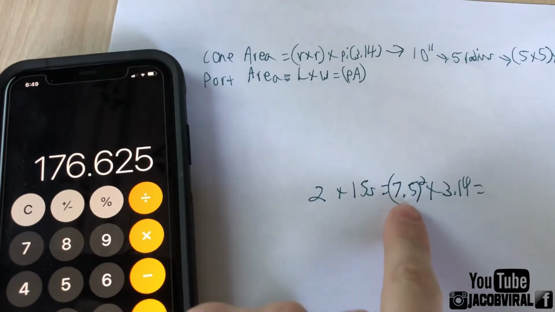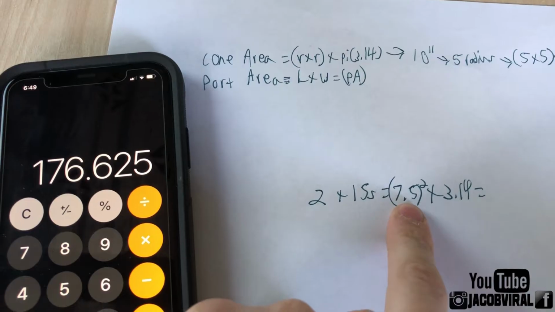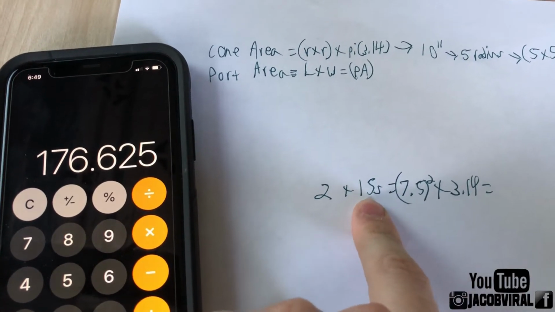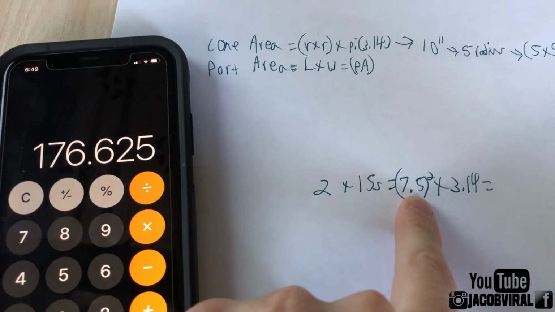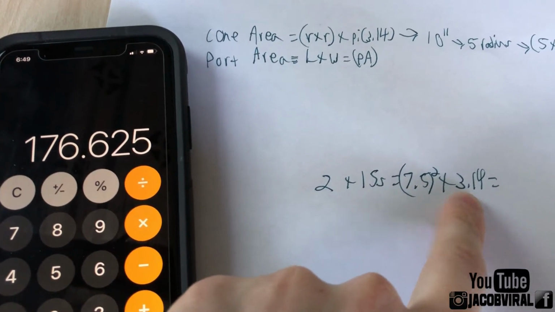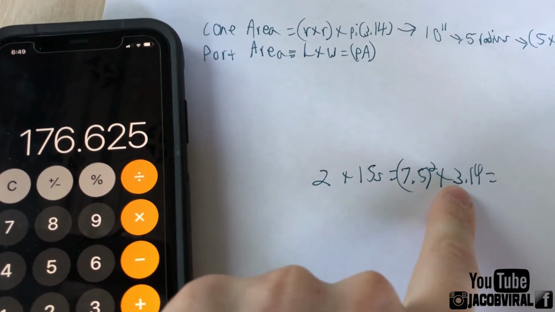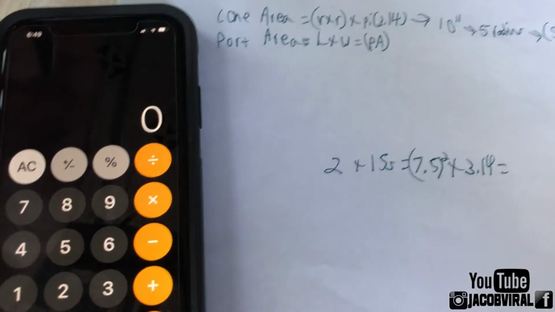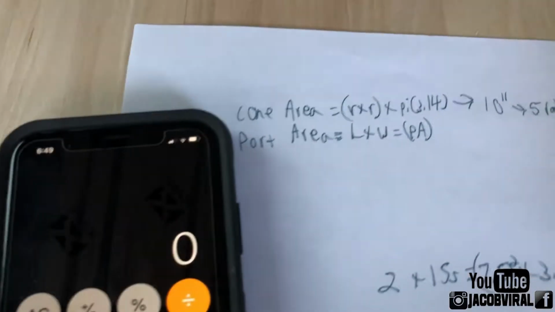So how did I figure that out? Radius squared: the subwoofer size is 15, so the radius is 7.5, squared, times 3.14. Once I did that, I multiplied by 2 to get that number. So 176. All right, let's do another one just for concept.